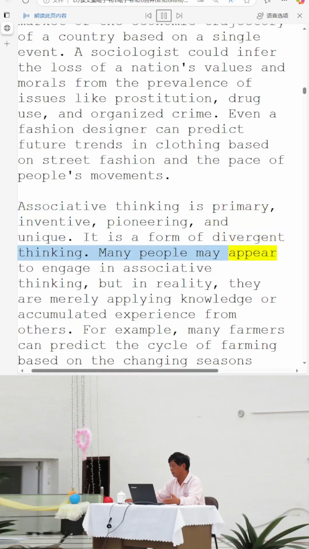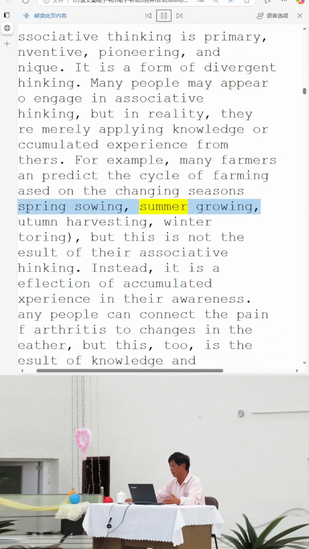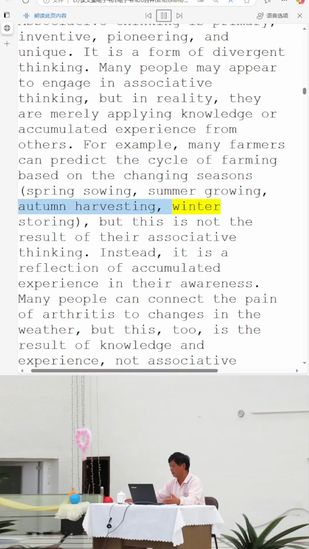Many people may appear to engage in associative thinking, but in reality, they are merely applying knowledge or accumulated experience from others. For example, many farmers can predict the cycle of farming based on the changing seasons, spring sowing, summer growing, autumn harvesting, winter storing, but this is not the result of their associative thinking.